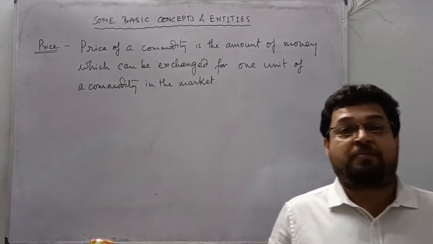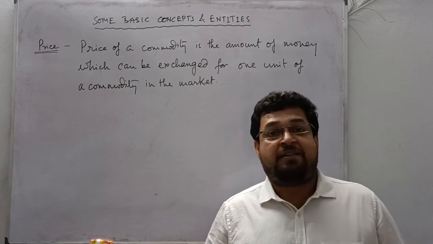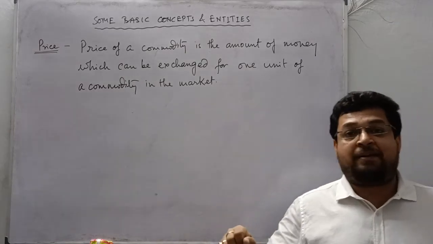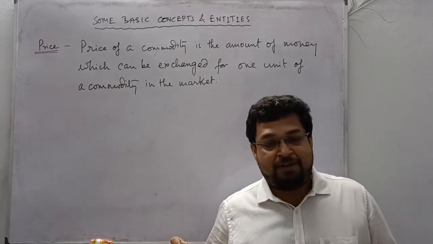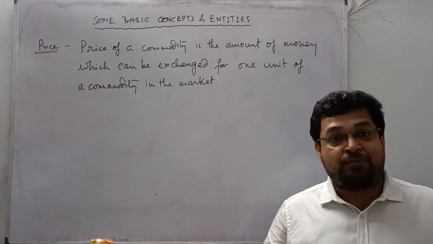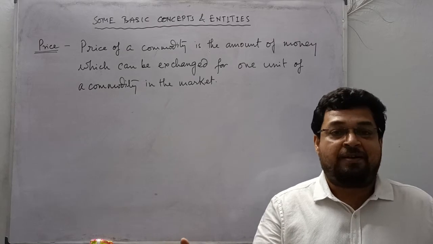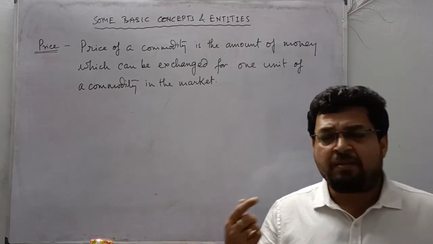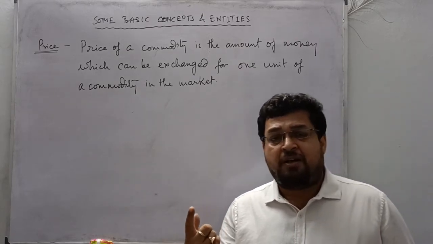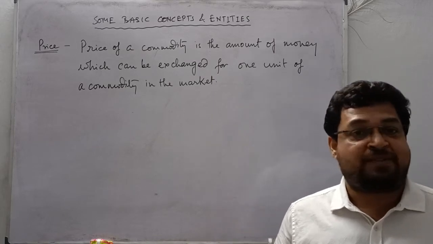That's what price refers to. When you say the price of a pen is ₹5, that means you take 1 unit of pen and give ₹5 in exchange to the retailer. That means the price of 1 unit of pen in the market is ₹5.